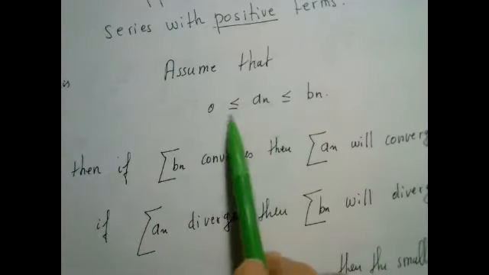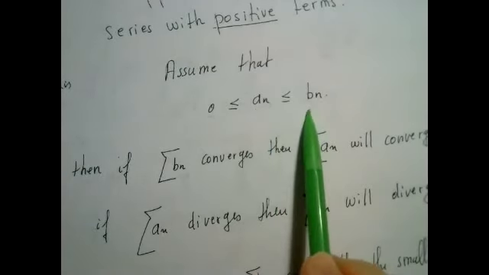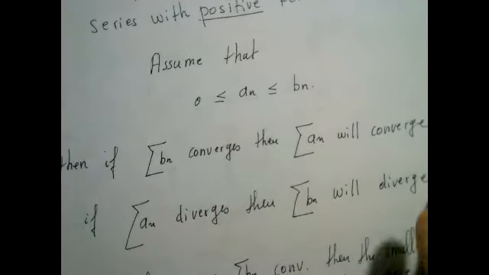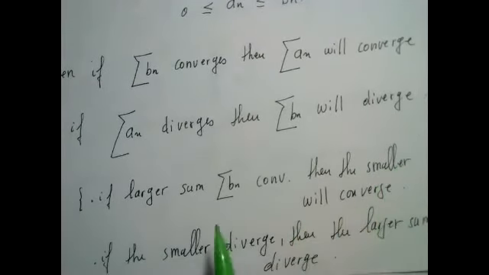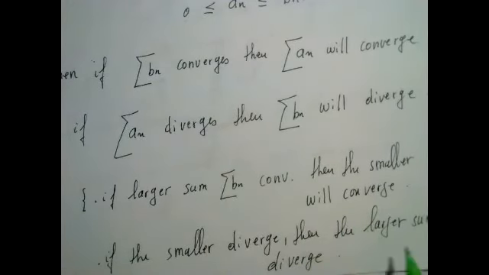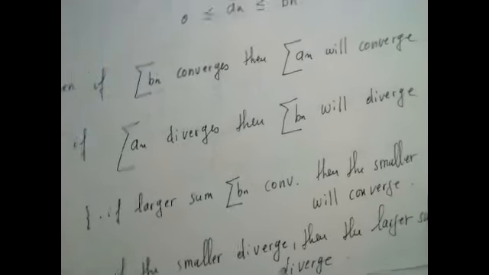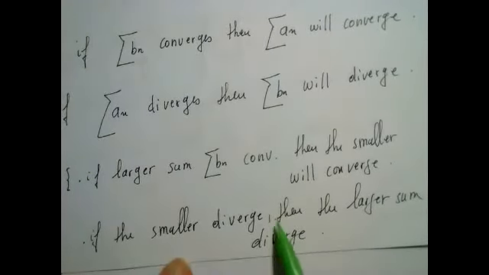And if sigma an diverges, then sigma bn will diverge. It means if the larger sum converges, sigma bn, then the smaller sum will converge as well. This is just to give you a visual for it. And if the smaller diverges, then the larger sum will diverge.